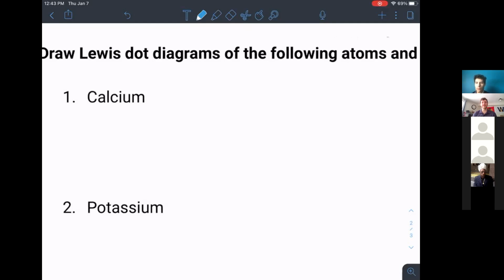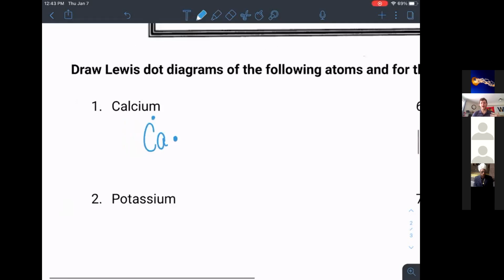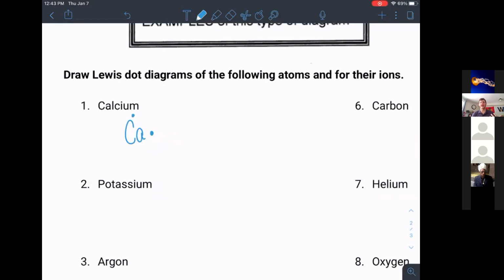So to draw our Lewis dot diagram, we put our element symbol, and then we put our 2 valence electrons. Remember, we put one on each side, and then we pair them up. We're going to go clockwise. So 1, 2 valence electrons here. That's our Lewis dot diagram for the atom, but it also wants us to have it for the ion.